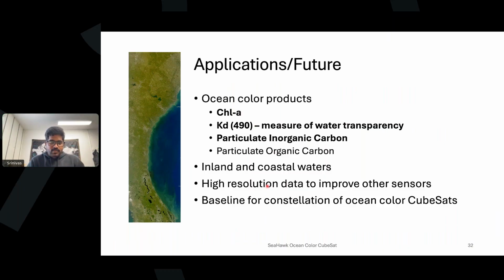Hawkeye is a baseline for a constellation of ocean color CubeSats. This study shows the potential of CubeSats for ocean color, and if some space agency has an interest, then we might see a constellation of ocean color CubeSats in the future, which can complement existing sensors' data.